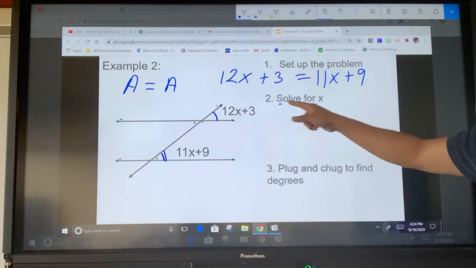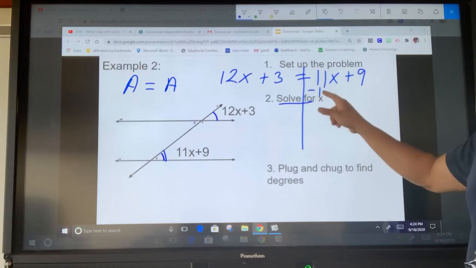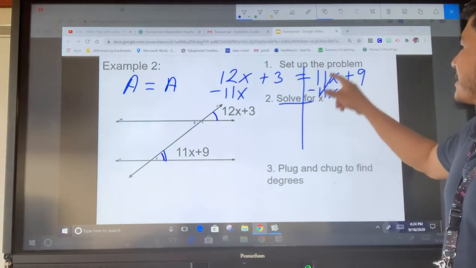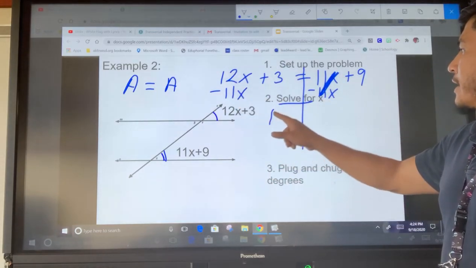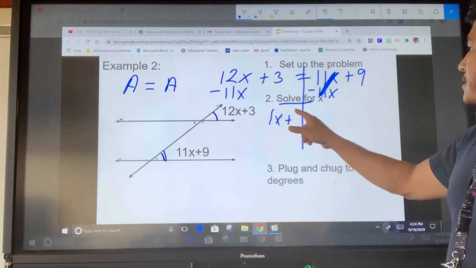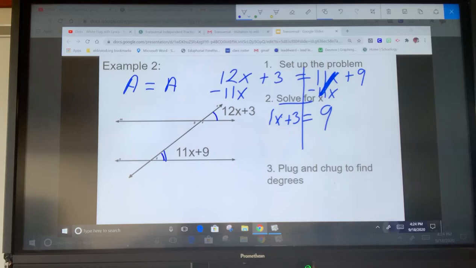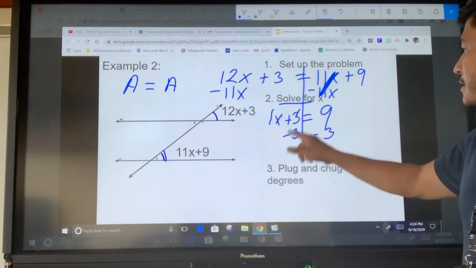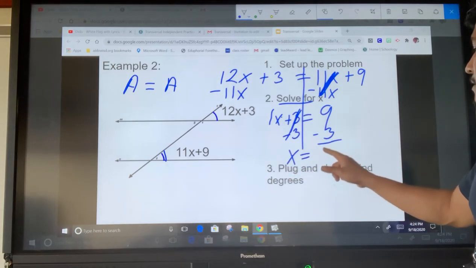We're going to solve for x. Which one is the smallest? 11. So we subtract it, we take it away. This cancels and we're left with 12 minus 11 is 1x plus 3 equals 9. Take away the 3 on both sides, and we're left with x equals 6.